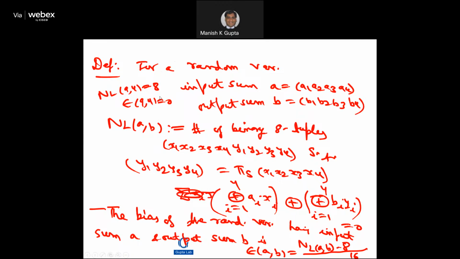And then we can compute epsilon of 9 comma 4, which is 0, right? So basically the bias of the random variable having input sum A and output sum B is defined as NL(A,B) minus 8 divided by 16. This is the total bias of these kinds of expressions in general. When NL of 9 comma 4 is equal to 8, we know this value is 0.